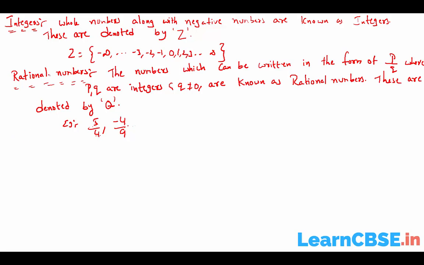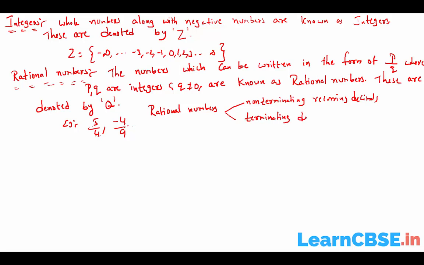And moreover, rational numbers can be written as two types of decimals: non-terminating recurring decimals and terminating decimals.